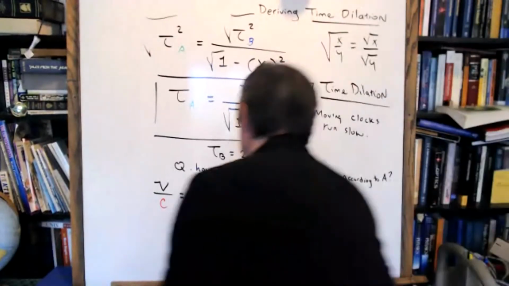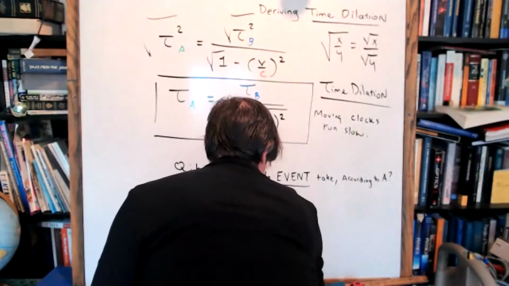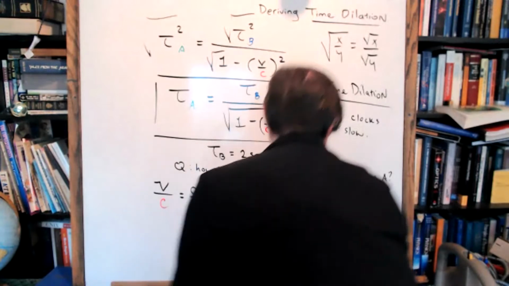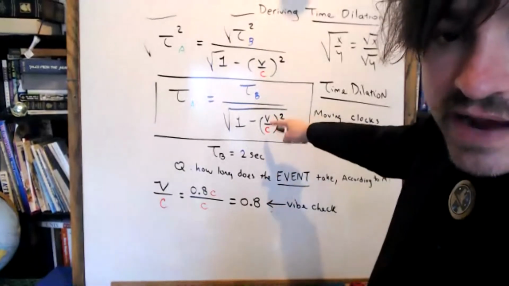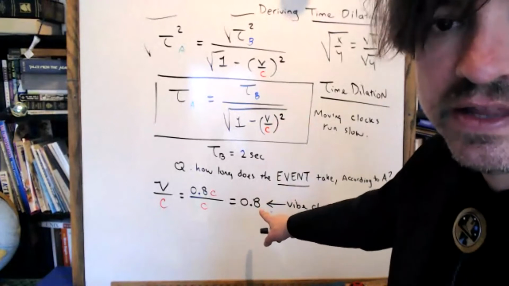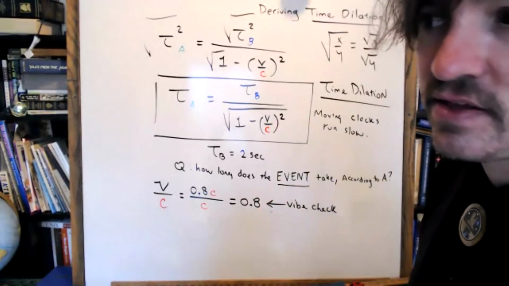In other words, V over C is just 80%. And here I'm going to write vibe check. That's the whole idea, is that whenever you see V over C, you just simply plug in the percentage of the speed of light. Okay? That's the trick.